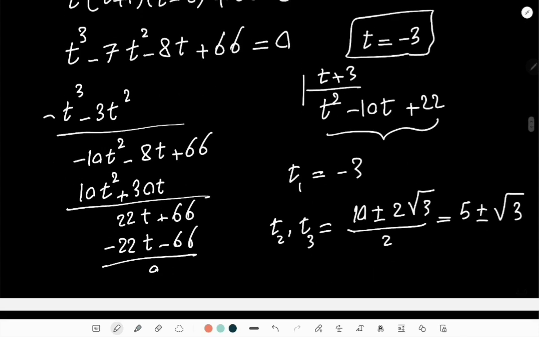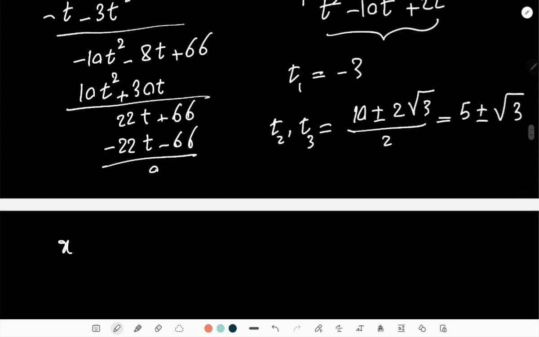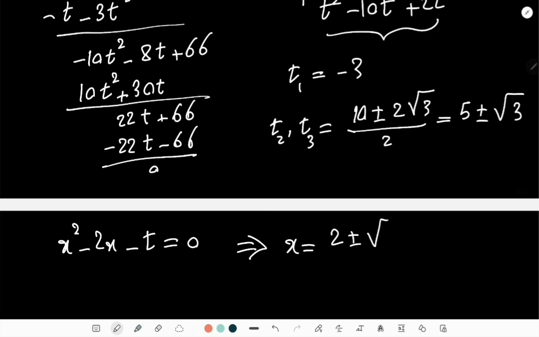Now let's go back to the equation x² − 2x − t = 0. That means x = (2 ± √(4 + 4t))/2, which is 1 ± √(1 + t).